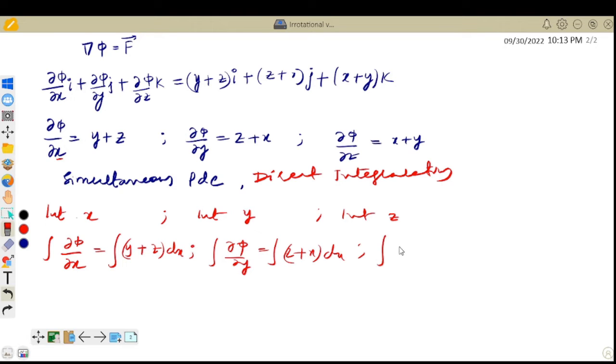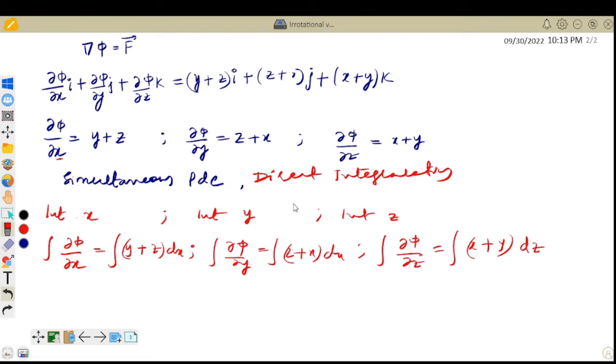Similarly, integration of ∂φ/∂z is equal to integration of (x + y) dz. So now look at this very carefully. We need to integrate the first term with respect to x. Try to understand, it is very easy.